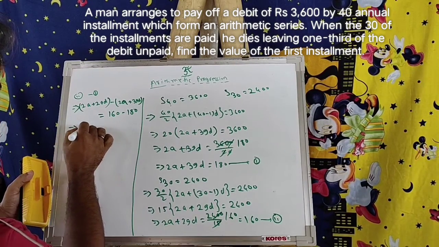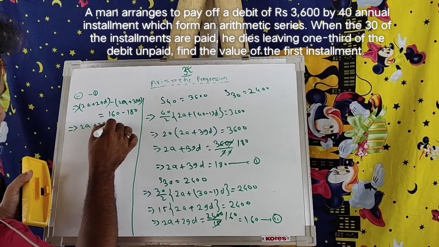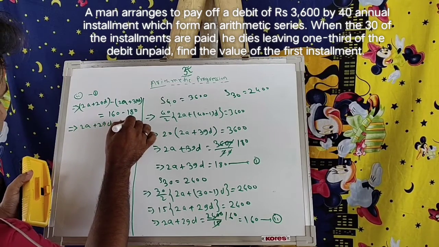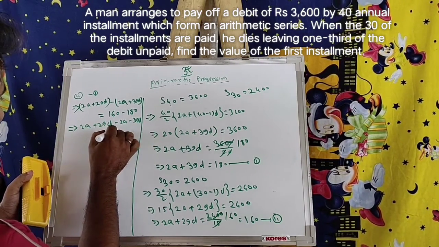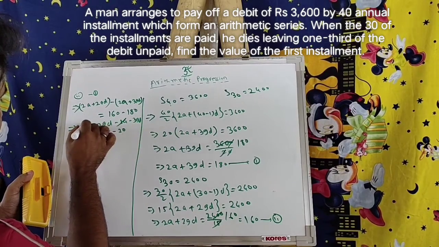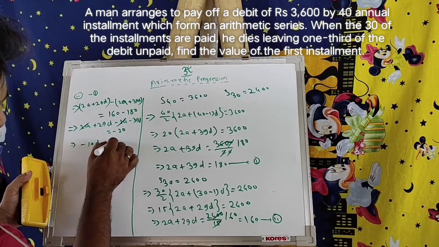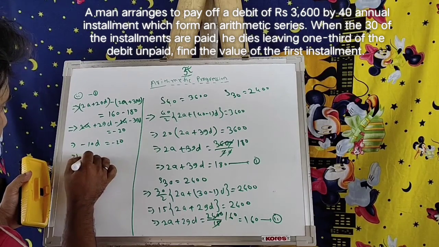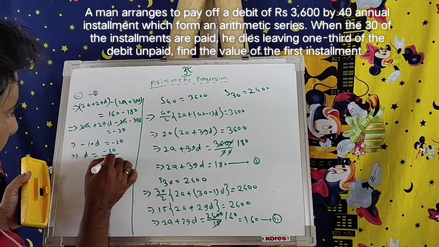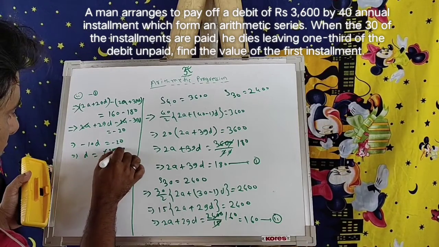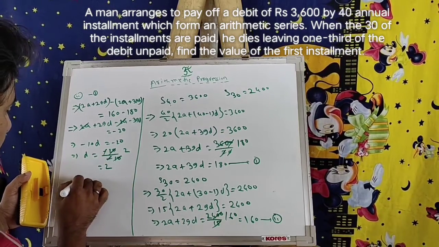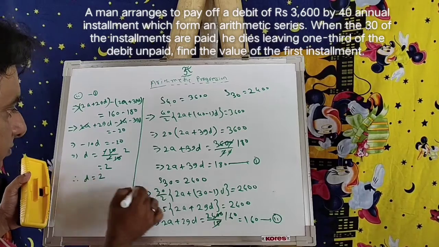This implies 2a plus 29d minus 2a minus 39d is equal to minus 20. Cancel this. This implies minus 10d is equal to minus 20. This implies d equal to minus 20 by minus 10, that is 2. Therefore, d equal to 2.